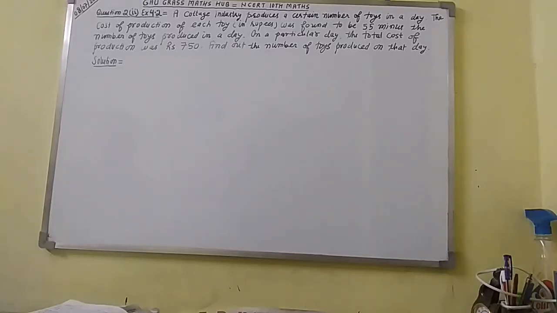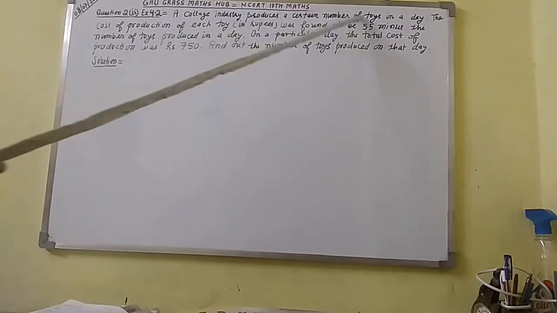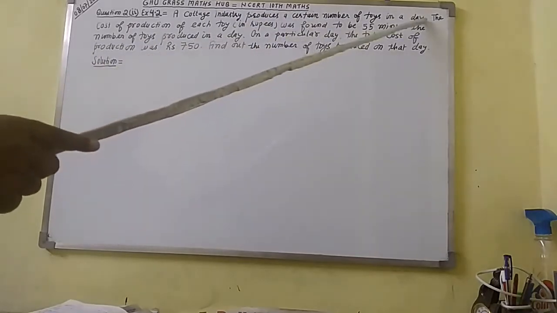Today I have taken one question from NCERT 10th Maths. The question is question number 2, part 2, exercise 4.2. A cottage industry produces a certain number of toys in a day.